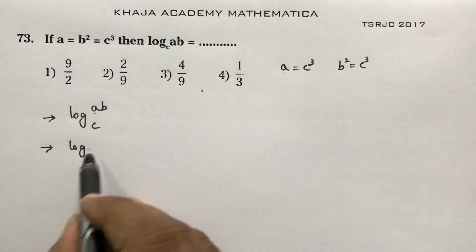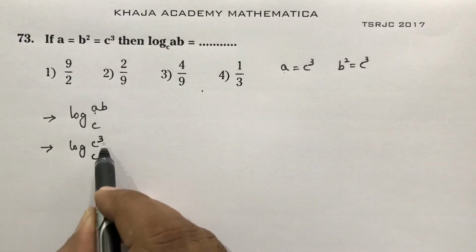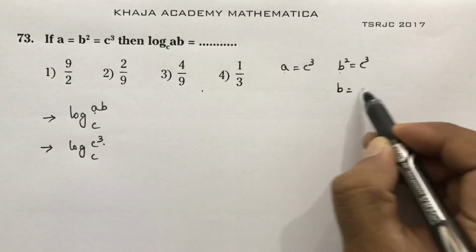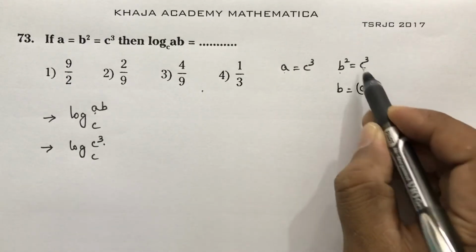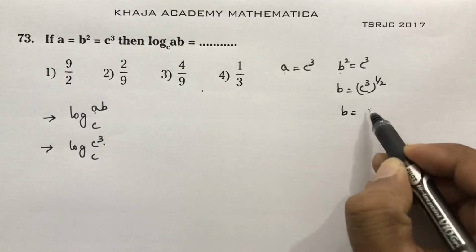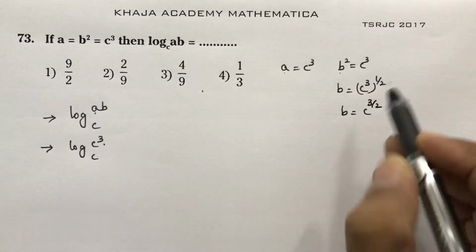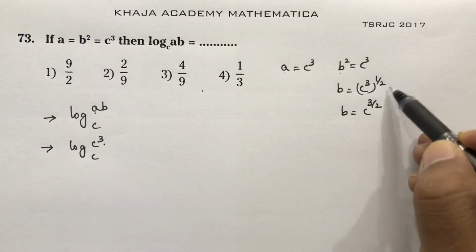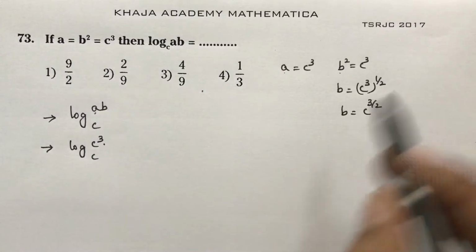In place of a, I'll replace with c cube. Here b square is c cube, so b value will be c cube whole power 1/2, or root. So b value you can write as c power 3/2. If square goes to the other side, root is nothing but whole power 1/2. So 3 into 1/2 is 3/2.